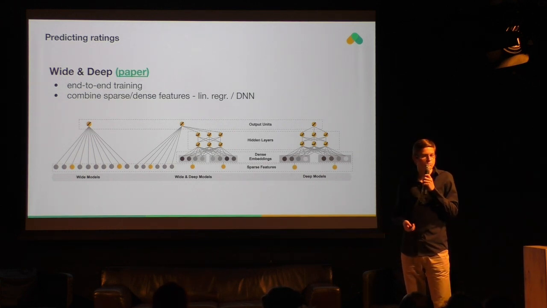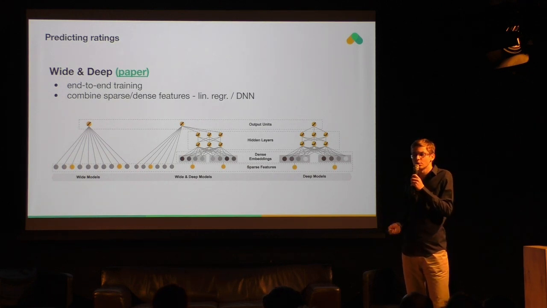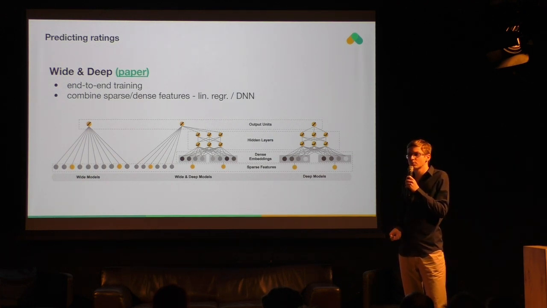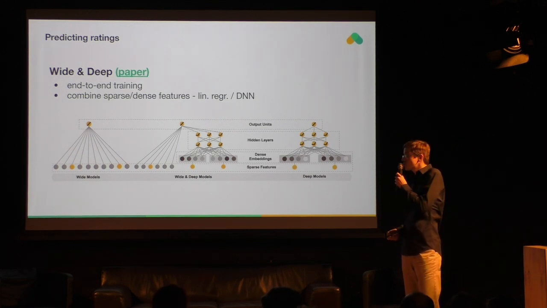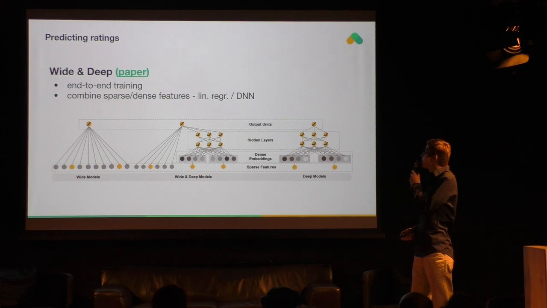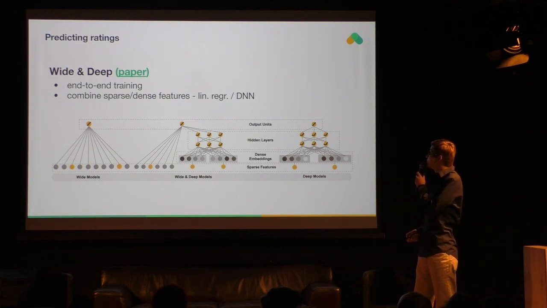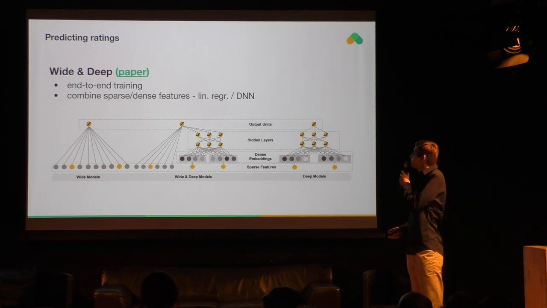I can calculate this for every item in my catalog, then sort these ratings and find out that this user will like these items the best, so I will recommend these items to him. It's quite simple. An example is this paper called Wide and Deep by Google. Why is it interesting? It's because it's not a simple feed-forward network.